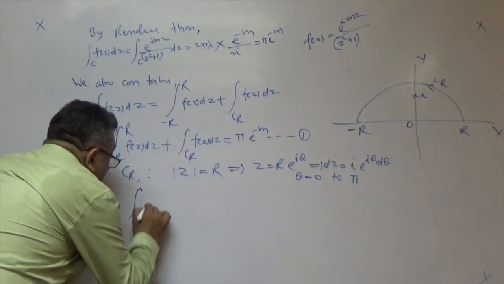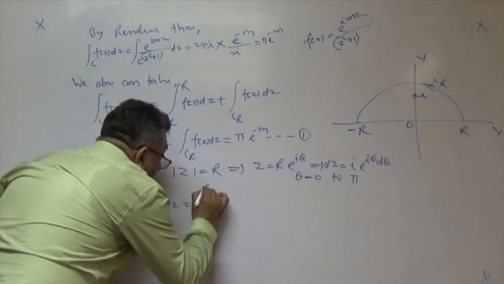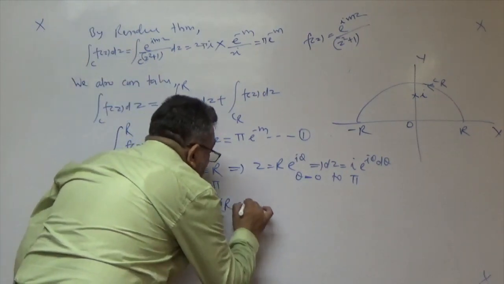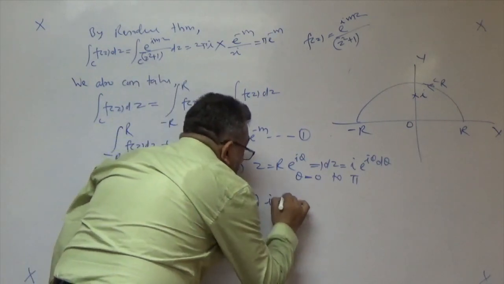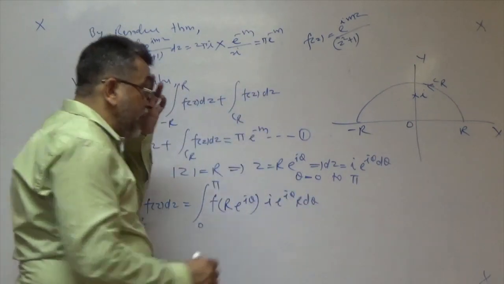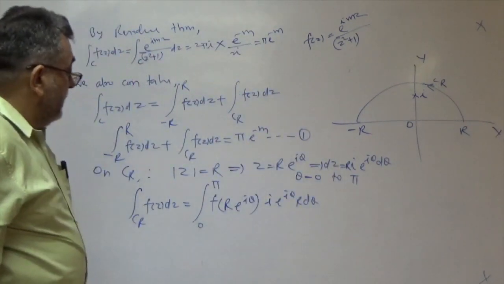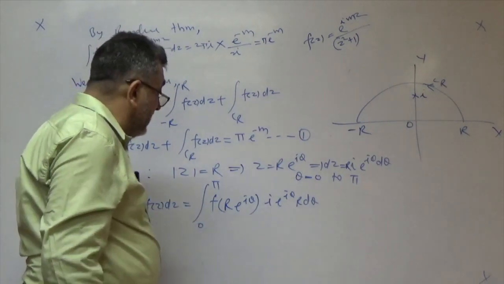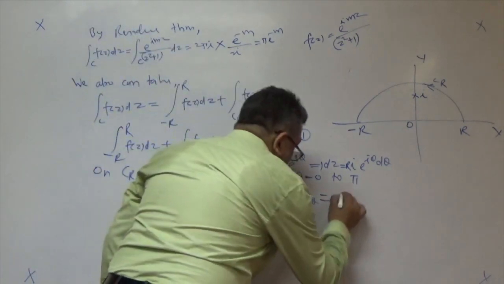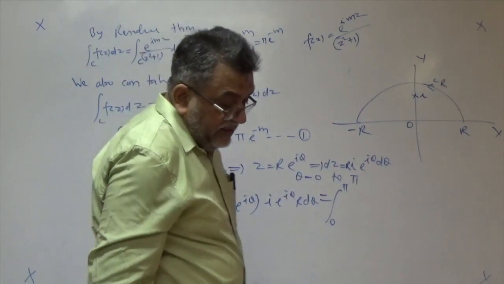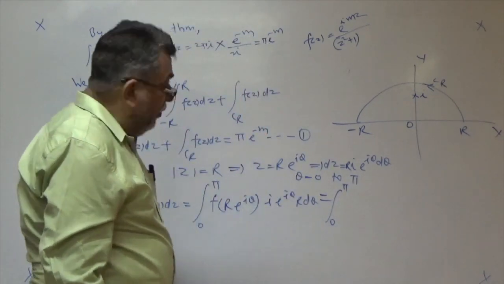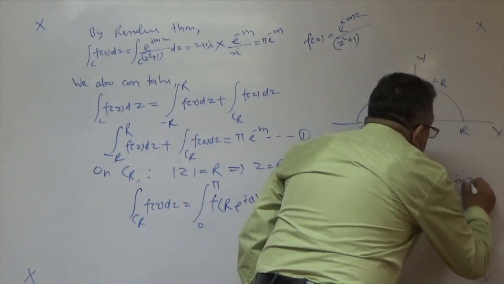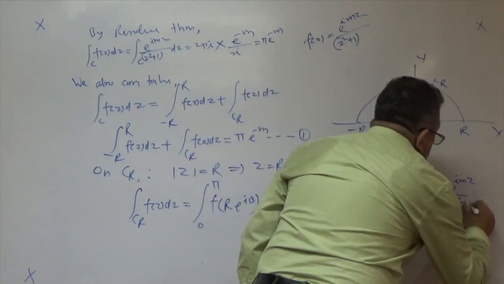So the integral over CR of f(z) dz is equal to the integral from 0 to pi of f of R e to the power i theta, with dz equal to i R e to the power i theta d theta. Here f(z) equals e to the power i m z upon z square plus 1.